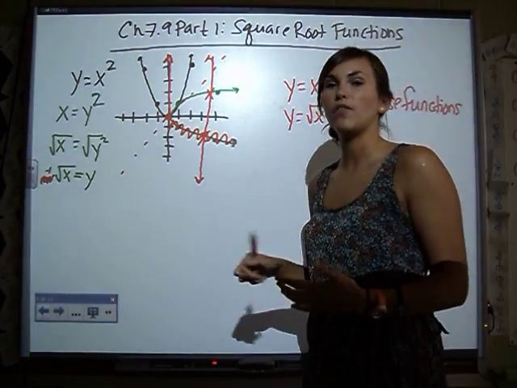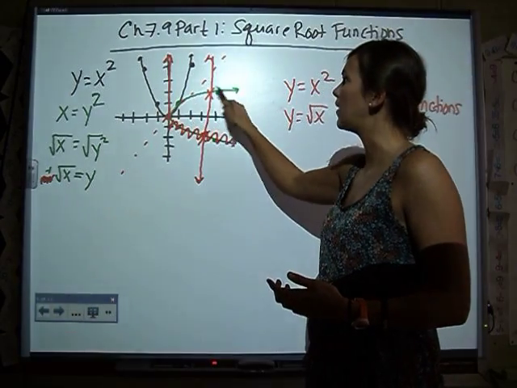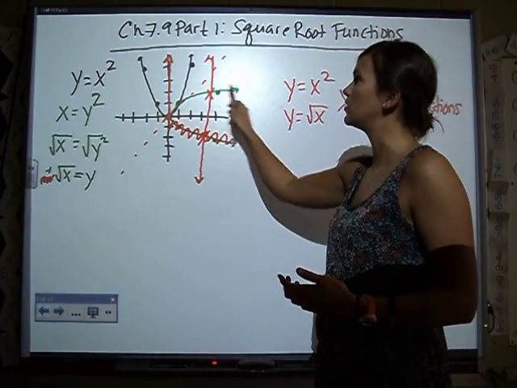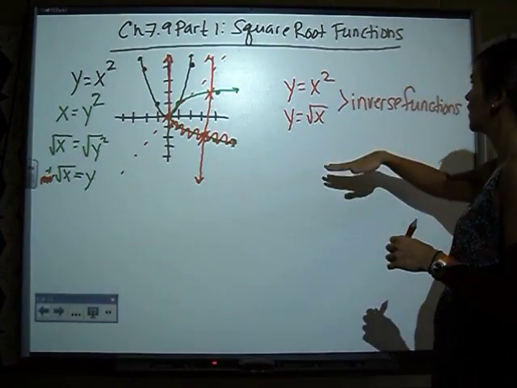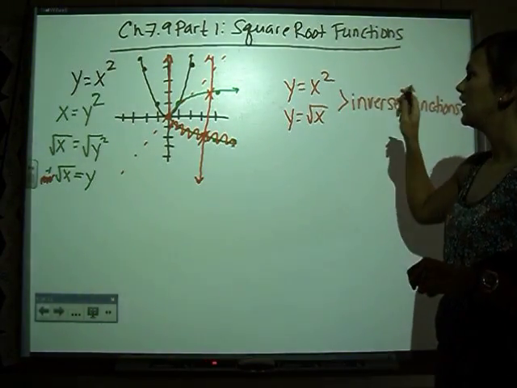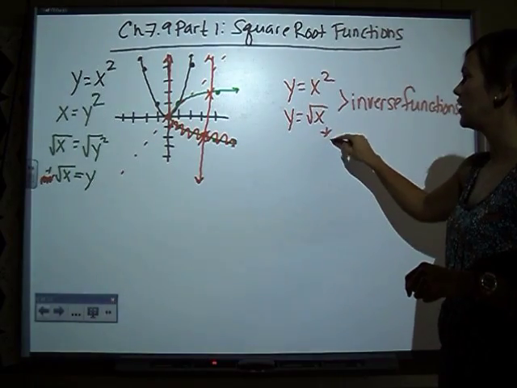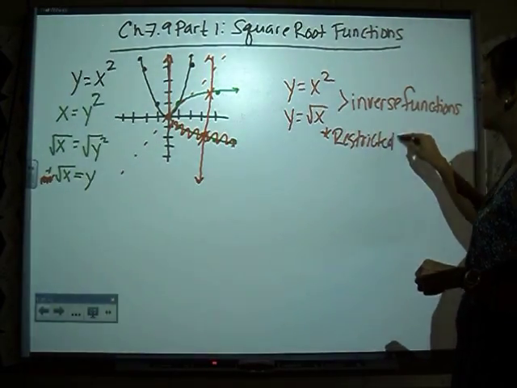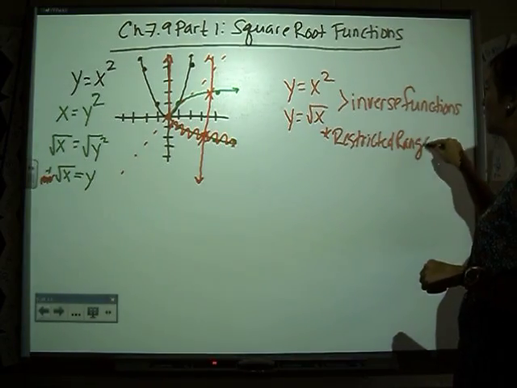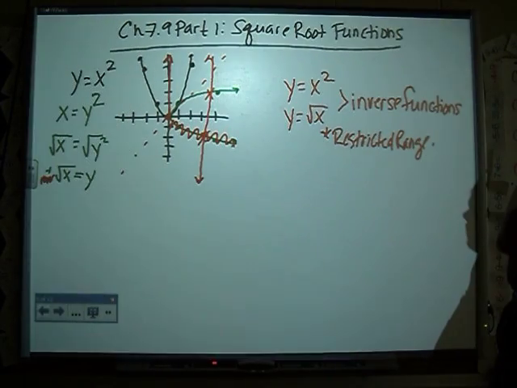Whenever we graph our square root function, we're going to be thinking about just the positive square roots that we get when we find our inverse function. So y equals x squared and y equals square root of x with a restricted range are inverse functions.